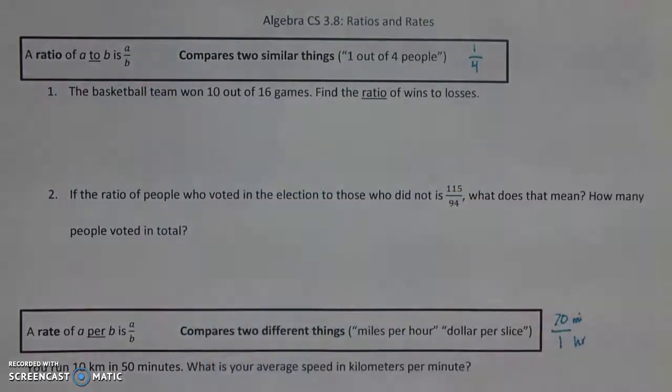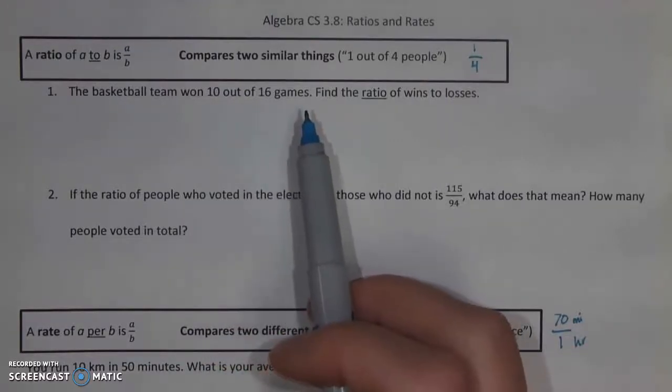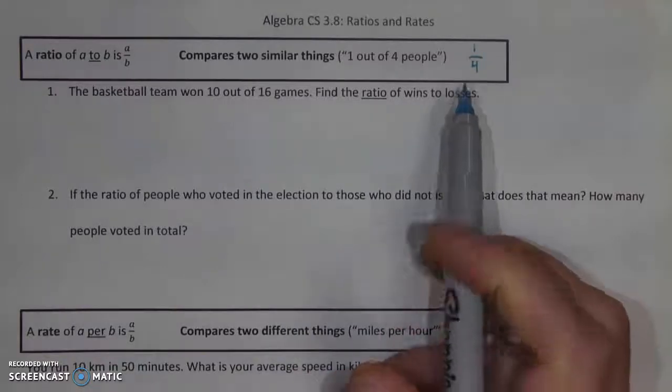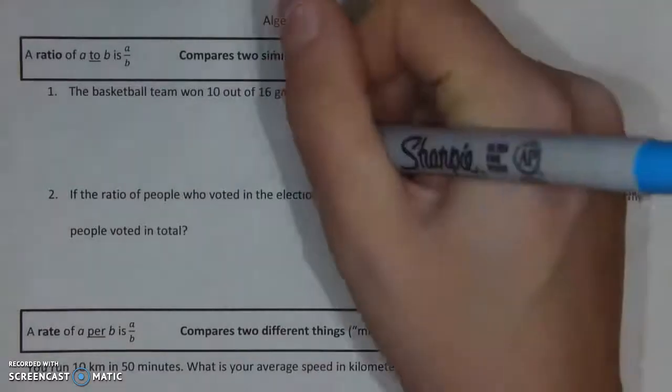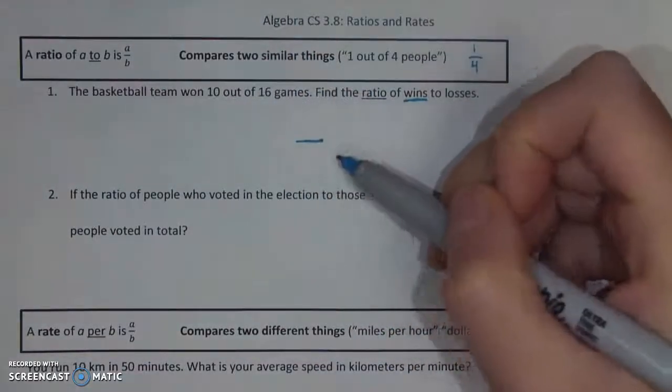But let's jump into these, figure out how to set these expressions and comparisons up. So let's start with ratio. Let's say that our basketball team won 10 out of the 16 games that they played last year. We want to find the ratio of wins to losses. Now, always be careful. First off, we know that we're doing a ratio. And a ratio tells me that I'm going to have a number on the top and a number on the bottom, and they're going to be the same thing.